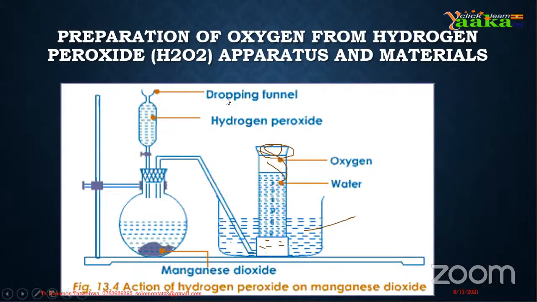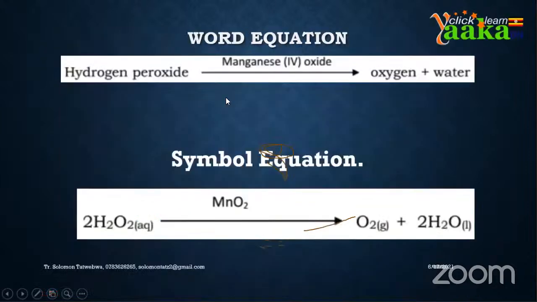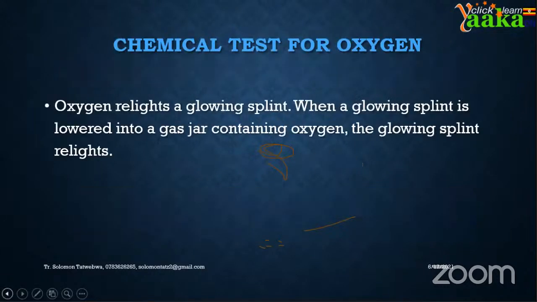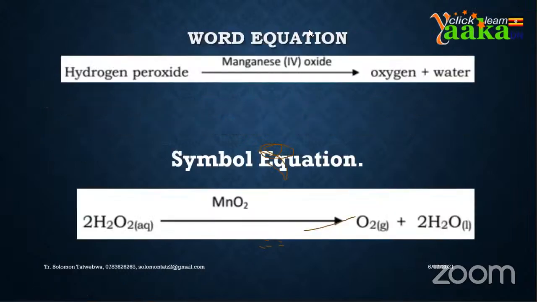So here is the equation for our reaction. We have hydrogen peroxide and a catalyst, manganese. Now you see here, I represented in brackets the valence of manganese. This is 4. Can you see this?